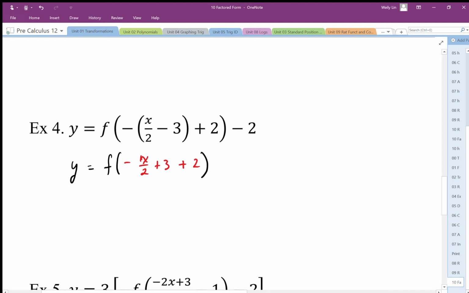Okay, and then on the outside I have my -2. I still have to keep track of my inside and outside. Now this one I'm going to simplify and factor. So I have y equals f of, okay, so it's going to be negative x over 2 plus 5 minus 2.